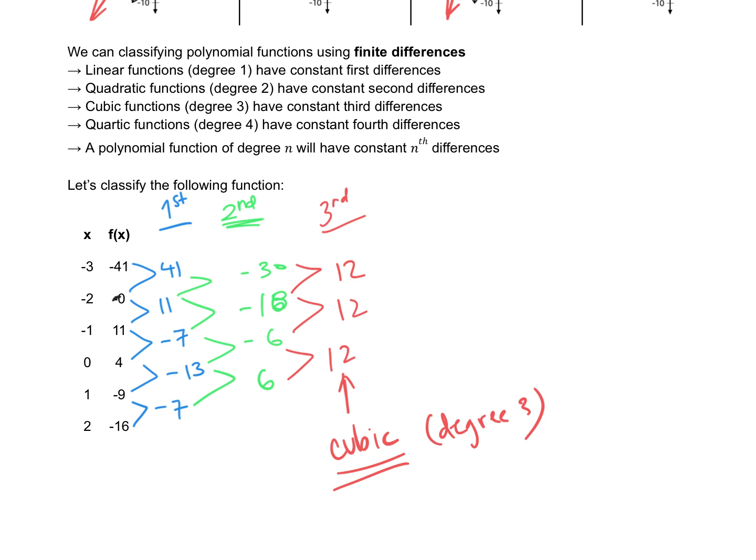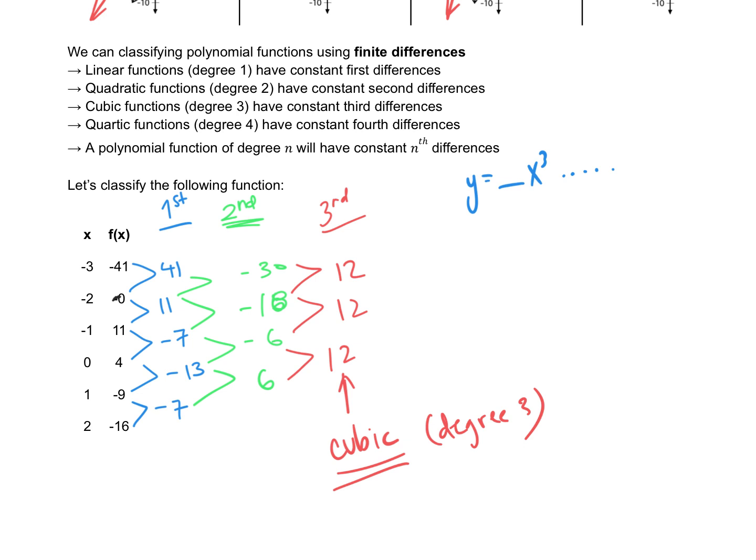And actually, just a little fun fact here. After you figure out which finite difference is constant, we can actually figure out what the leading coefficient of the polynomial is. So we know the function is going to be y equals something x cubed, and then it continues on, maybe an x squared term, maybe an x, maybe a constant.